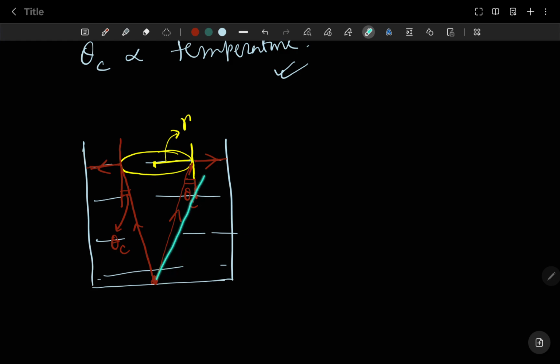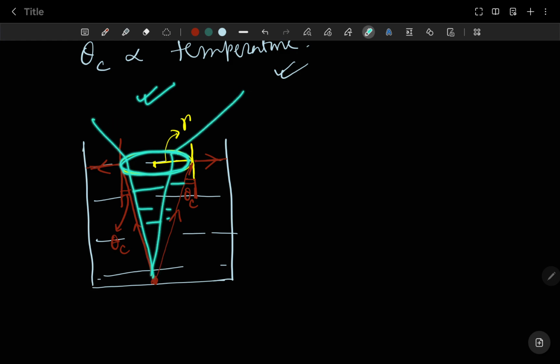It will fall like this and come back in the original medium. So light can only go from the denser medium to the rarer medium through this circular area.